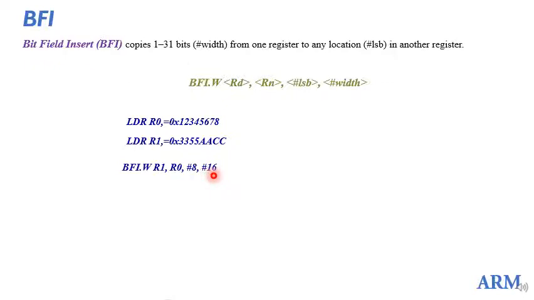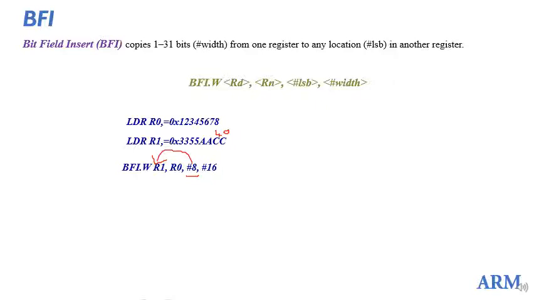So your destination register is R1. So the position here, hash LSB, whatever is specified, is with respect to the destination register. So destination register is R1. So you have to locate bit number 8 of the register R1. So bit number 8 LSB, bit number 8. So this is starting from bit number 0 of R1. I'll not write in binary, I'll just try to represent it here only.